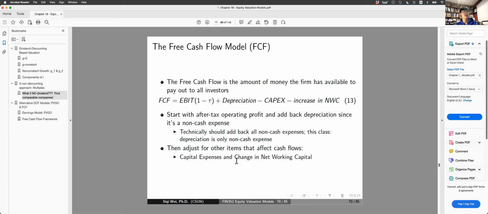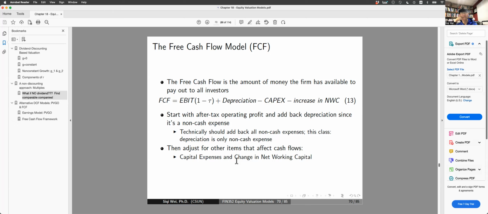There is a similar alternative approach in terms of the discount cash flow models. The similar idea is that we still do not want to assume the dividend payout. What we are going to do is to calculate the firm free cash flows in the first place. The firm free cash flow is the amount of money flowing into the company's pocket and available to pay out to all the investors.